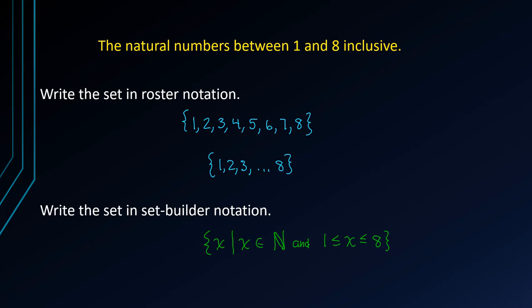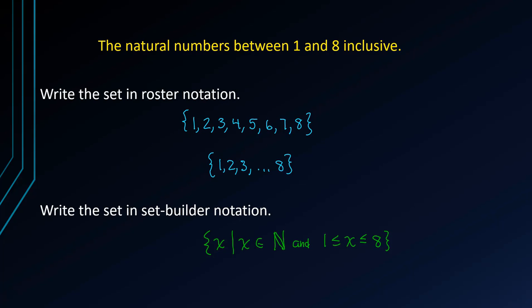I'm still going to say x is a natural number. But this time I'm going to define it between 1 and 8, including those. The reason why I'm saying it's a natural number first is that it's going to automatically exclude any decimals and fractions and so forth. And so now I'm looking at the counting numbers between 1 and 8, including those two.